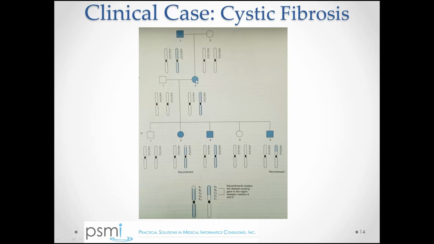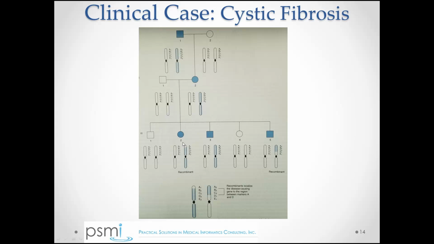And then that female has children, but what's interesting to note is that 2 crossover events occurred in the children. In this patient here, we see that she now has homozygosity for marker A1, but still has B2 through E2. And over in this patient over here, there was a separate crossing over event.